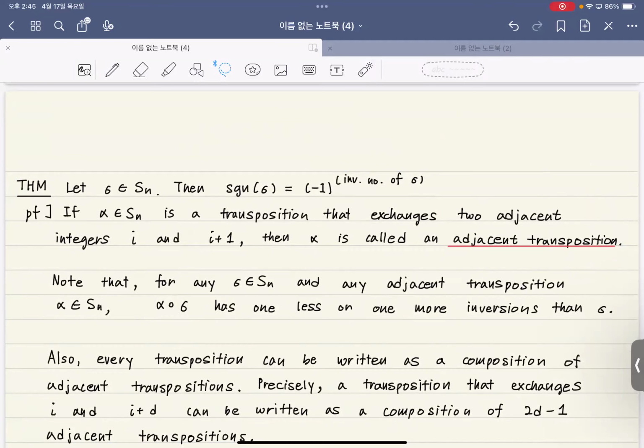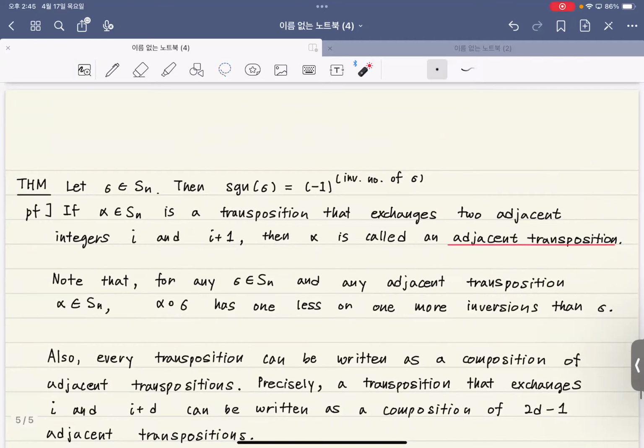This is a theorem. For any n permutation sigma, the sign of sigma is the same as -1 to the power of the inversion number of sigma. I will do my best to justify the statement.